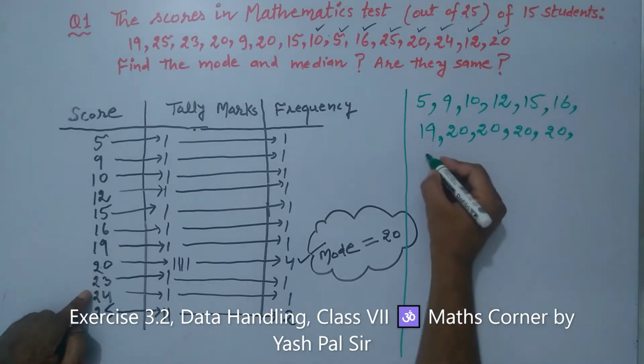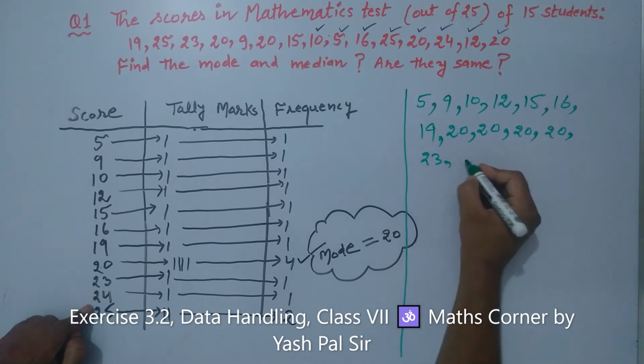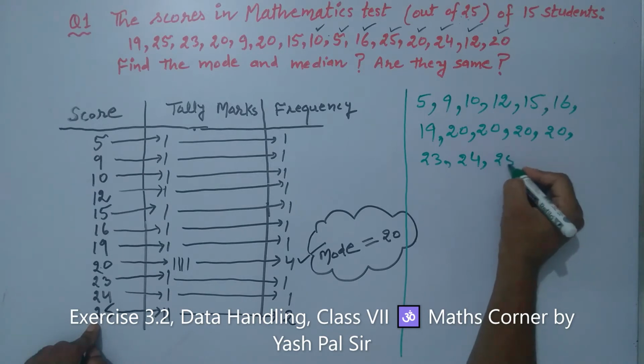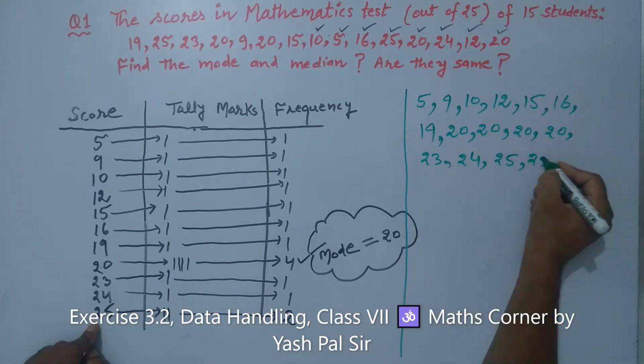Next is 23 one time, 24 one time, 25 two times.